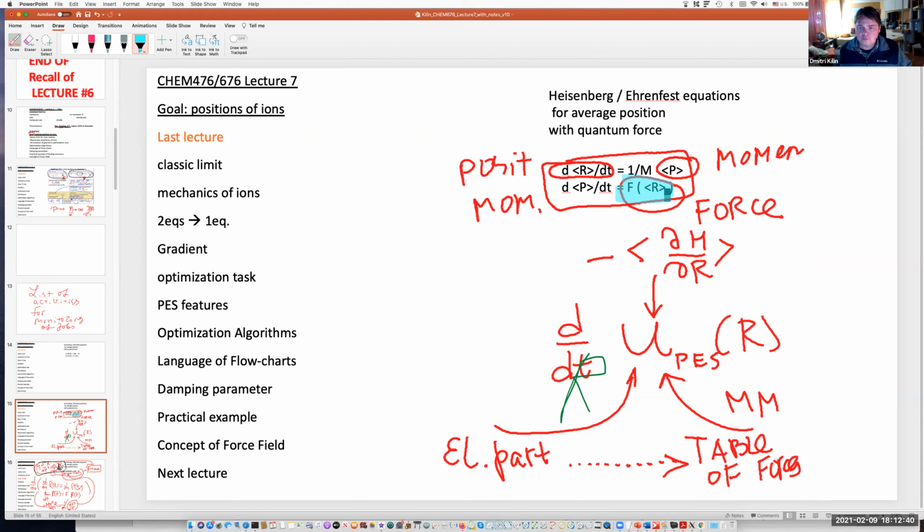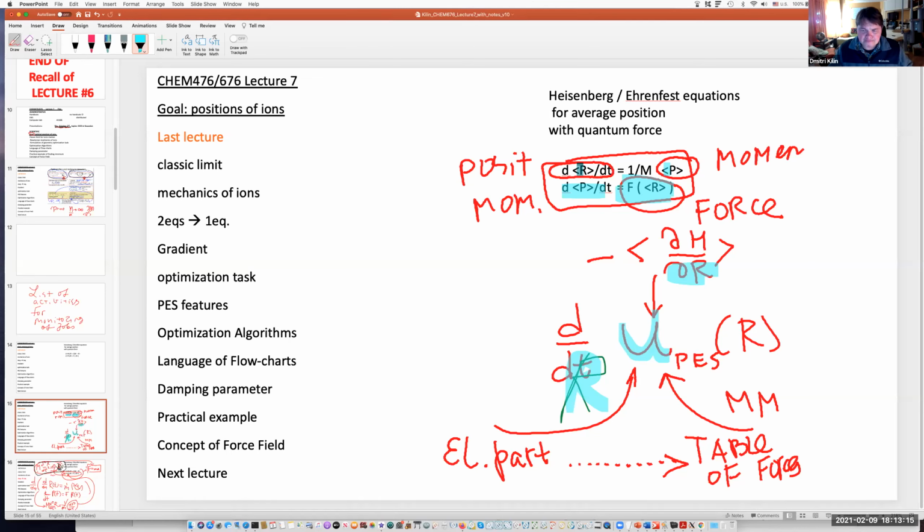So we need forces, which are a gradient of energy over position. And if we do know the potential energy surface, then by taking the derivative over position of the potential energy surface, one can predict the change of momentum. And change of momentum will allow us to predict change of the position.